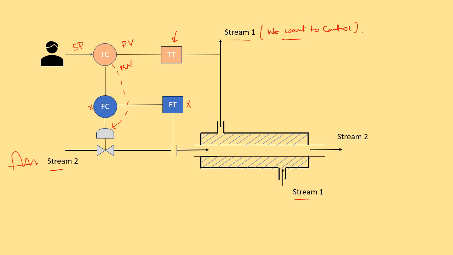By the time this flow control valve receives the corrected signal, there may be some more changes in the flow, or there may have been less changes in the flow. It may go in both directions.